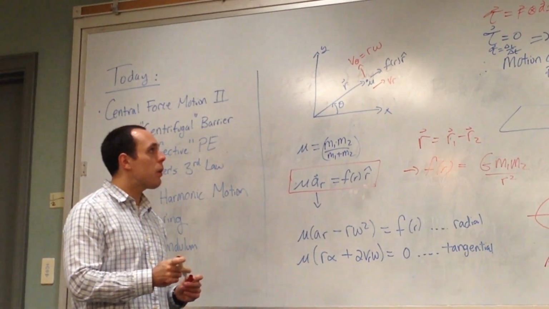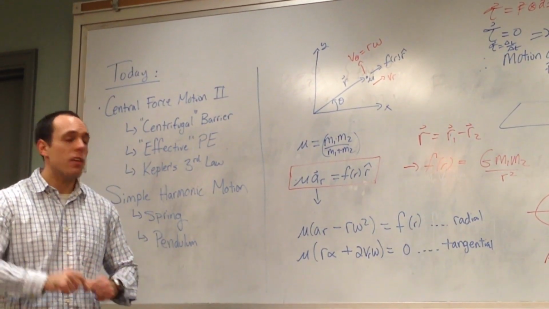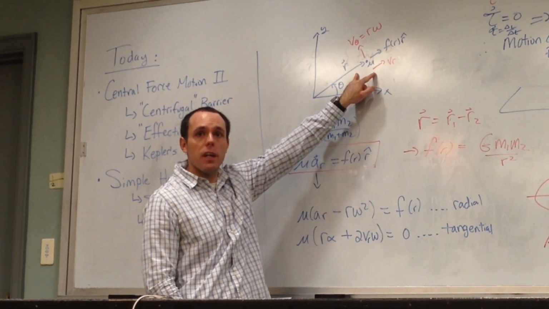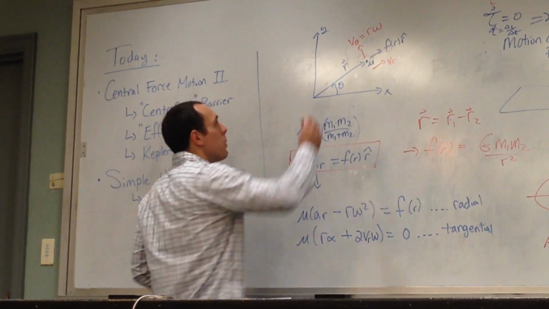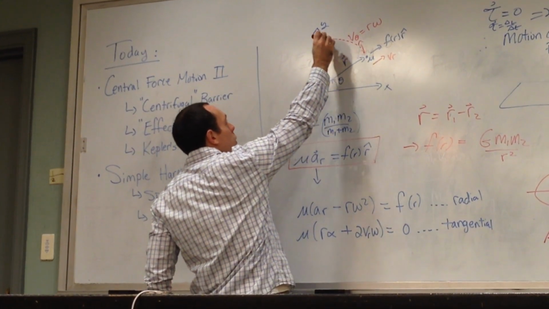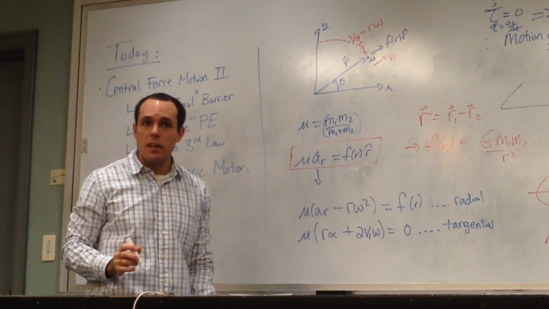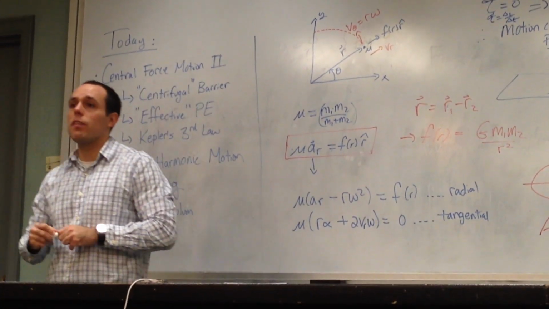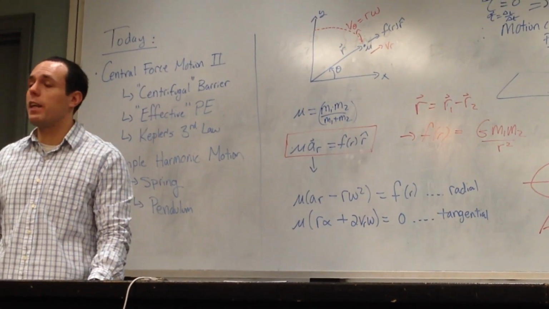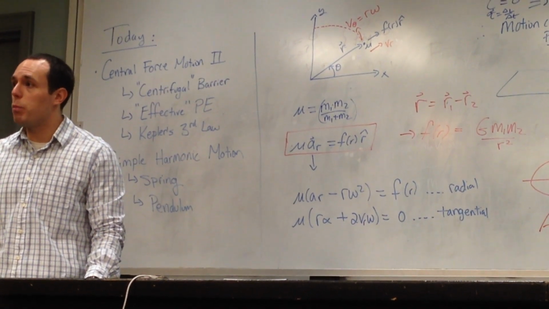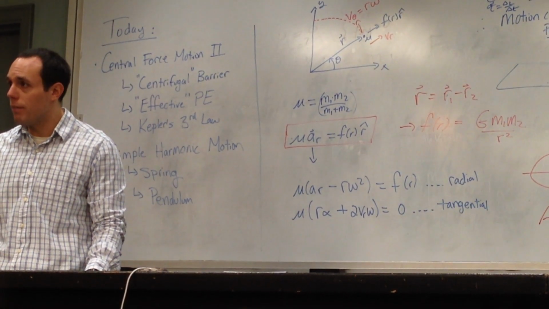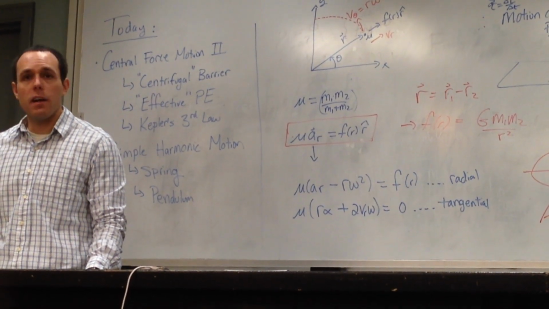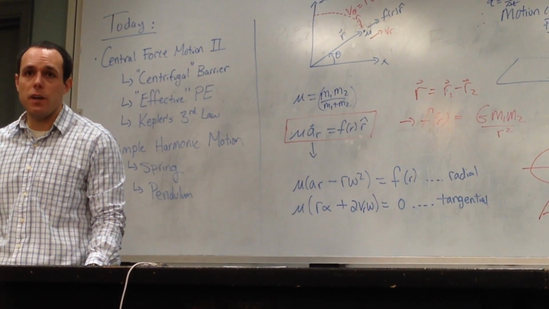But with that in mind, being not completely circular, we have to break up the velocity of mu into two different directions. One, of course, represents the general circular path of an orbit. That is represented by v theta. The v theta here is the same tangential velocity or linear velocity that we talked about in the previous weeks for rotational motion. And that's equal to r times omega. Remember, omega, the angular velocity, is just v divided by r.